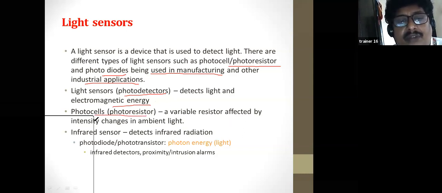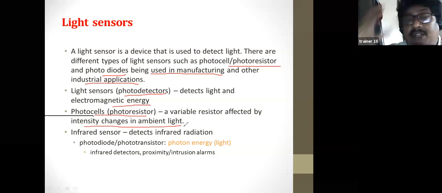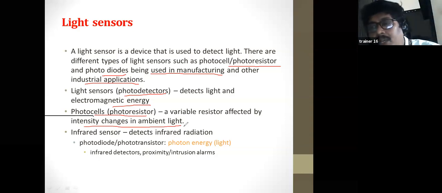The photoresistor is affected by intensity changes in ambient light. That means when the light intensity changes, there will be a change in the resistance of that particular material. For example, for different colors and different materials, the absorption of light radiation differs, depending upon the wavelengths of the light.